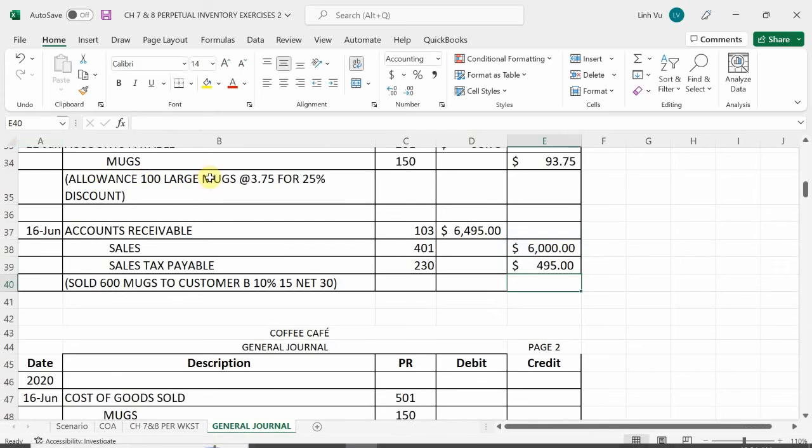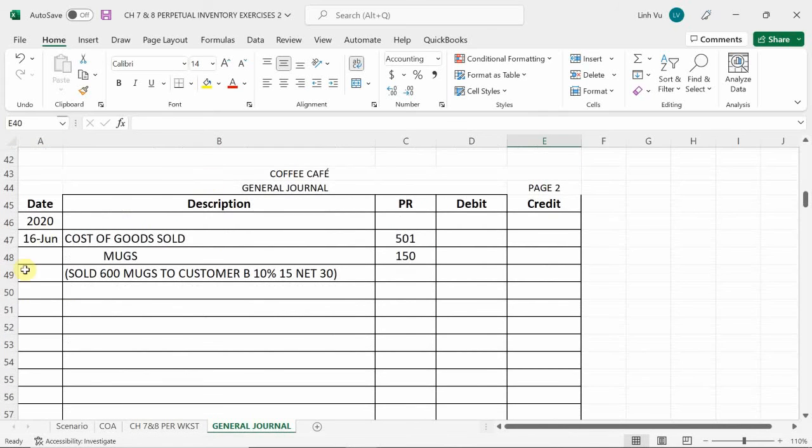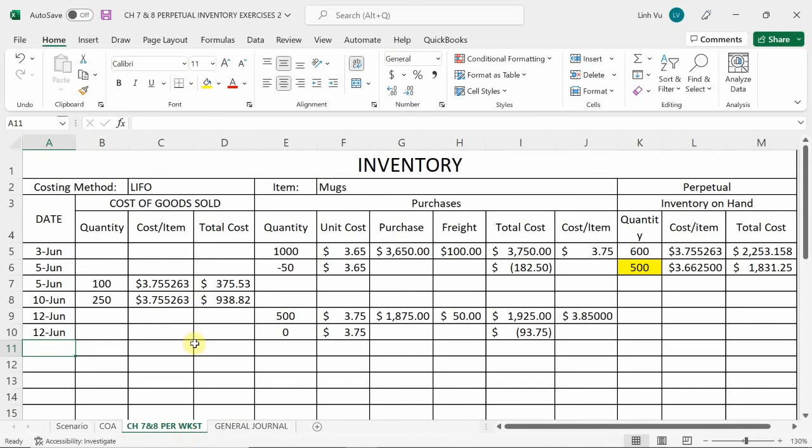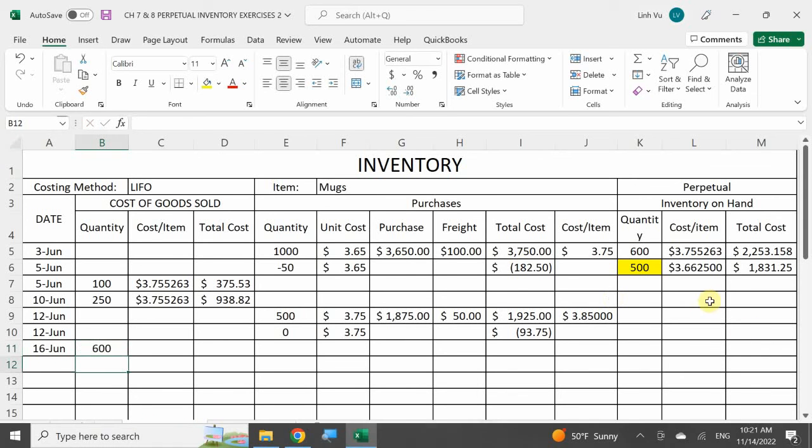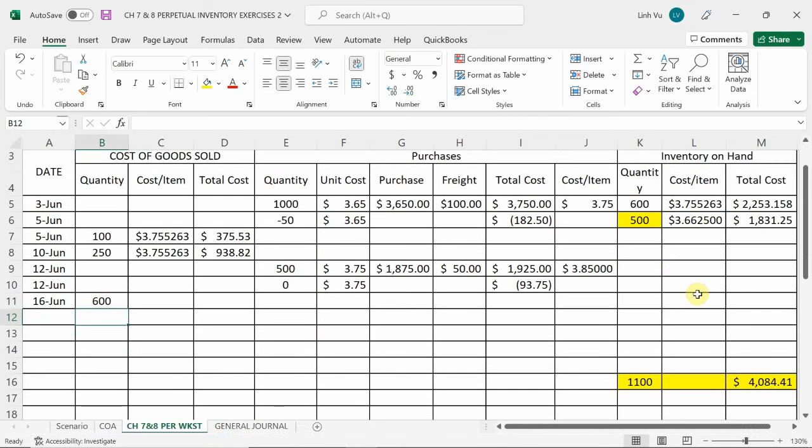Okay. Now we need to calculate our cost of goods sold. So let's take a look. Okay. Today's the 16th. We need to sell 600 mugs. Now let's take a look at my inventory. I know for a fact that I have 400 from my last batch of inventory, right? Because 100 of them are the large mugs.